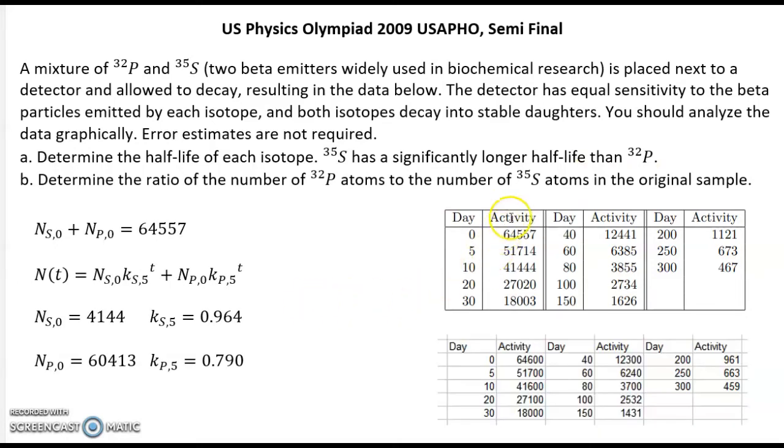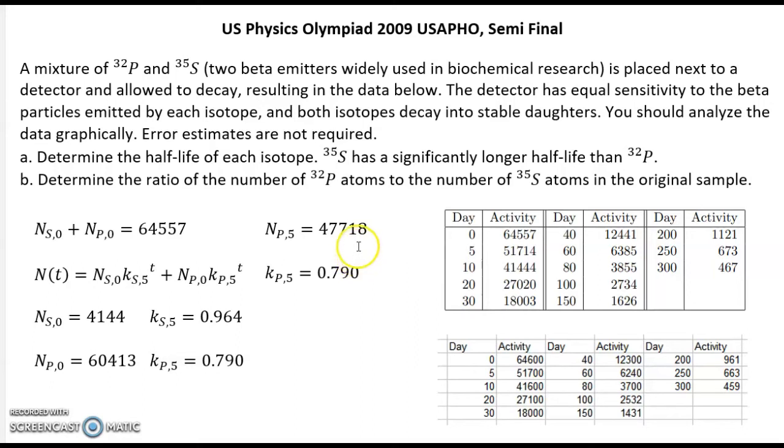Remember, activity is not a number of elements. I can show you how to count the number of elements. If after 5 days we had this activity, and that was a coefficient of reduction, it means that we lost 0.21 part of the full mass.